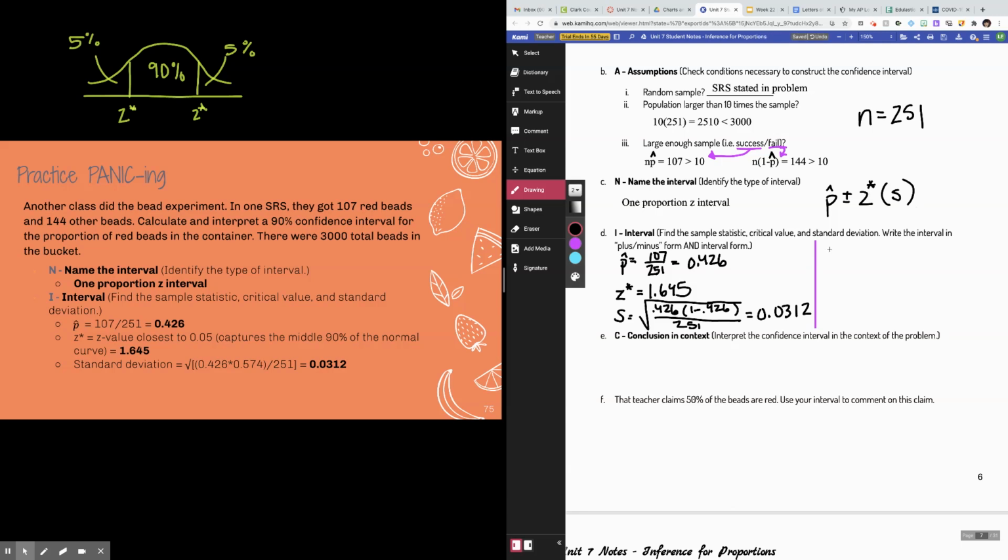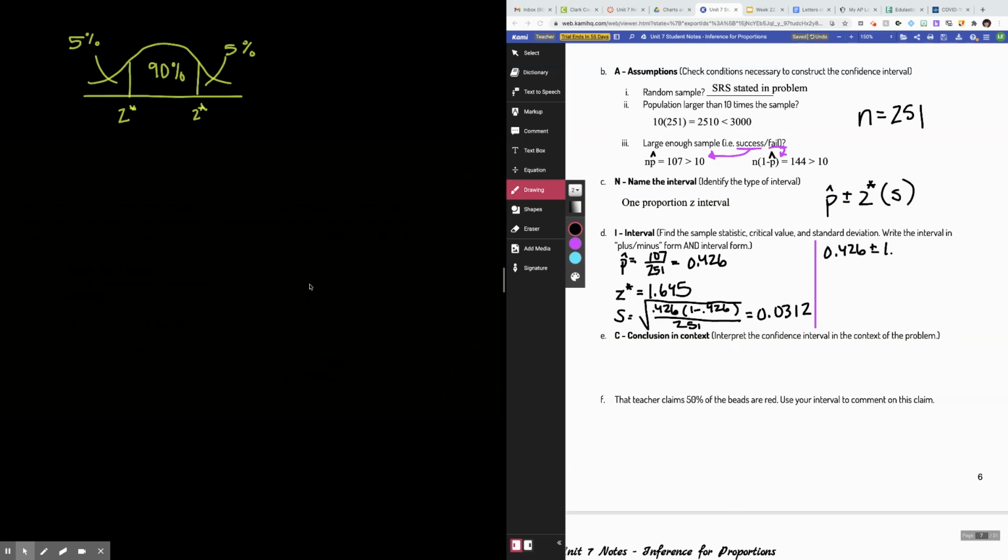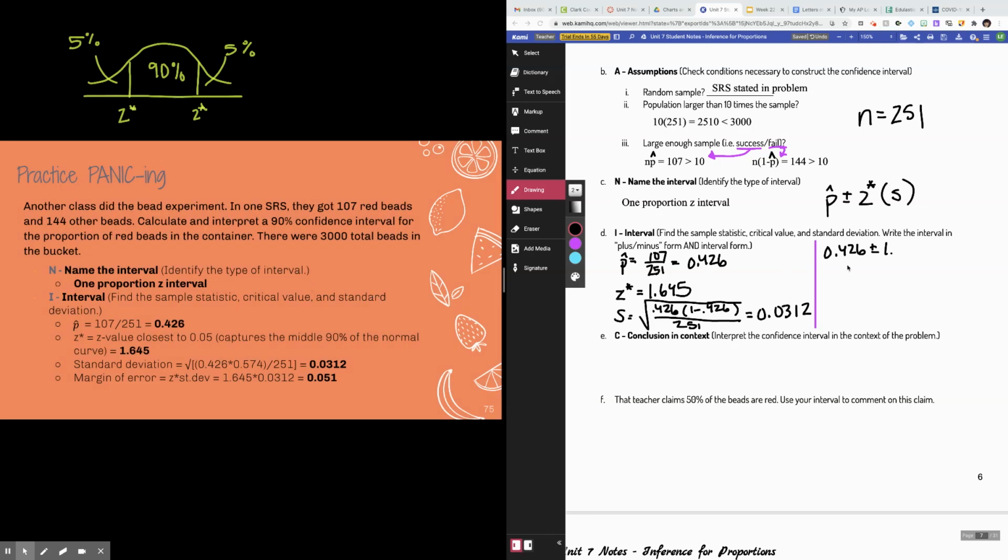My P hat is 0.426 plus or minus Z star, which is 1.645, and your standard deviation is 0.0312. I multiply 1.645 times 0.0312, and that gives my full margin of error.